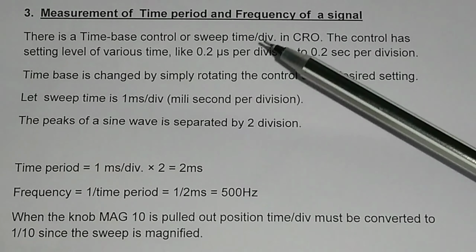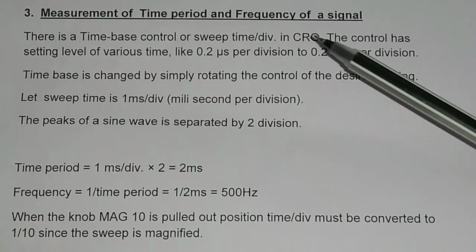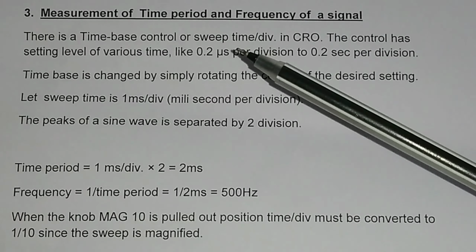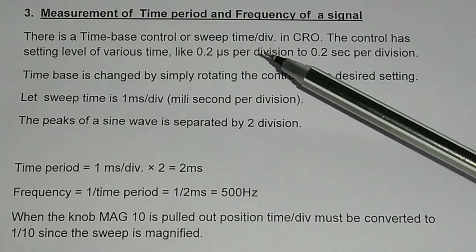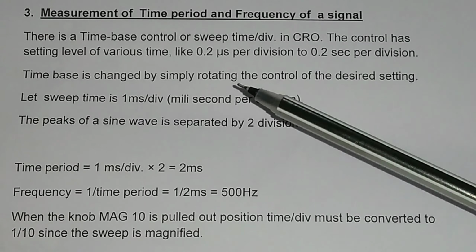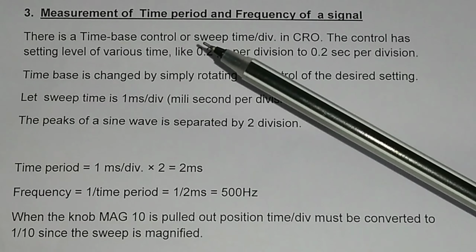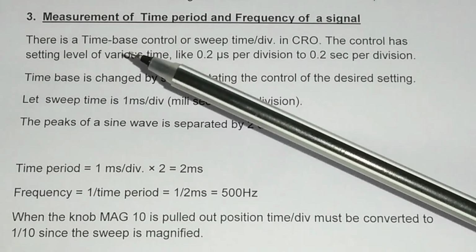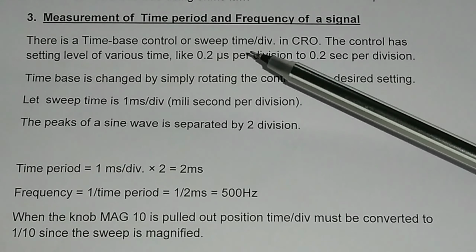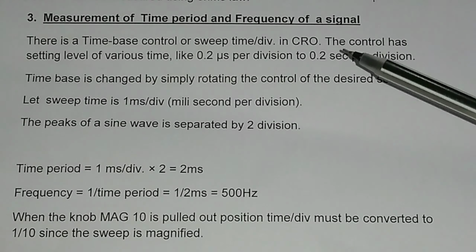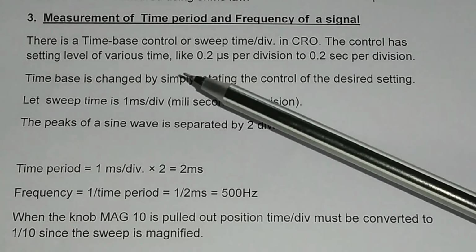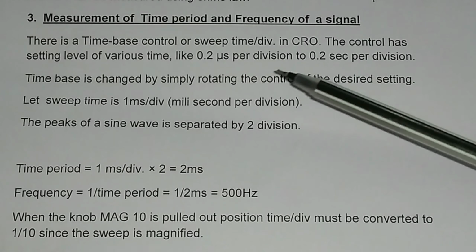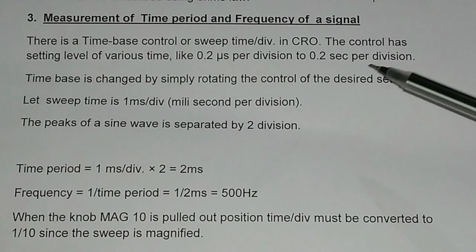And for the measurement of the time period and frequency of a signal, there is a time base control, or sweep time per division. In the CRO you will get a switch where it is written sweep time per division, and it controls the setting of various times, like 0.2 microsecond per division to 0.2 second per division.